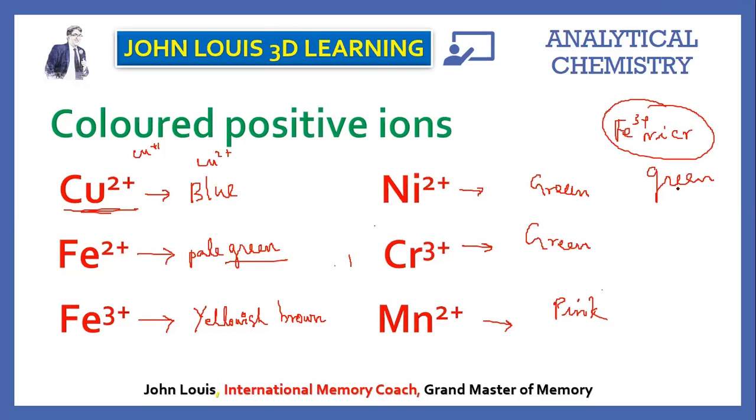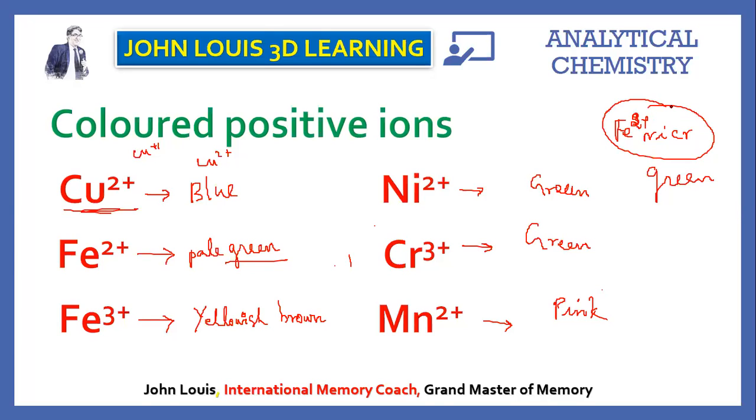Copper is blue, iron 2 is green, not iron 3, iron 2. Iron 3 is yellowish brown as per the textbook color, but on the next page the textbook may give it as reddish brown.